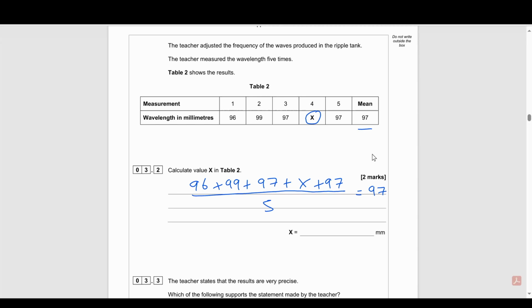So what we should do to obtain our answer is add up the 4 values that we know. So add 96 plus 99 plus 97 plus 97.